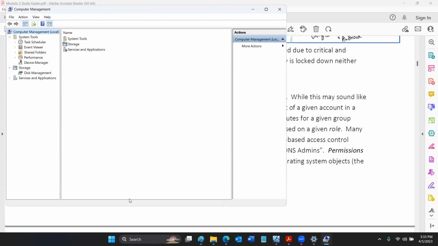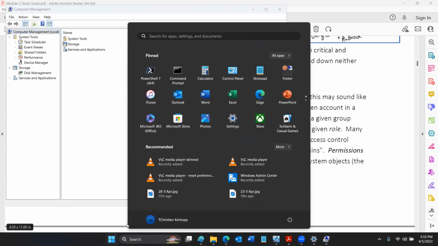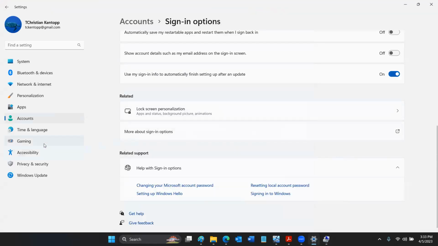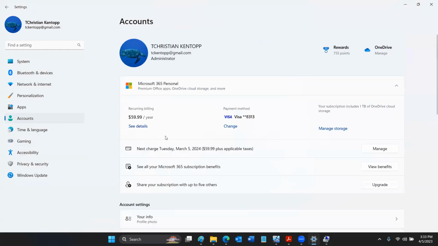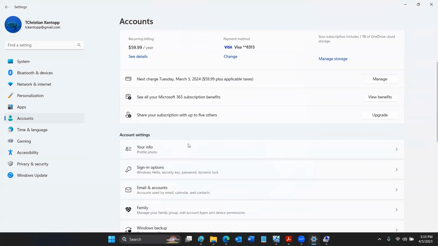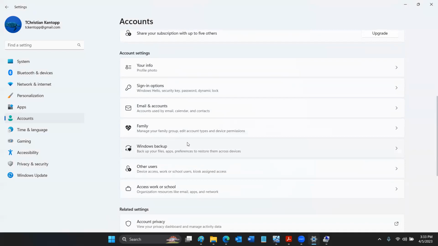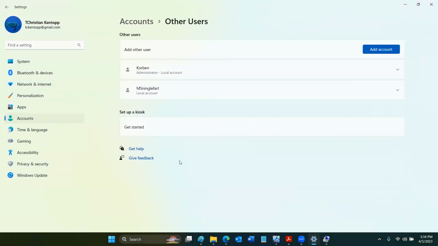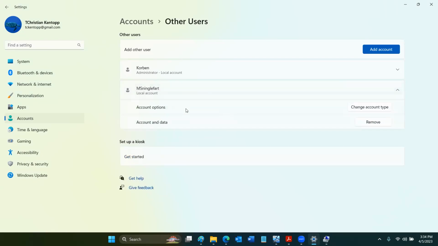But there's a hint of it when I go into accounts and I start talking about other users. And then I start clicking on some of these other users. You can change the account type. So when you're changing the account type, what you're doing is removing it from one group and placing it in another. That's what we're talking about.